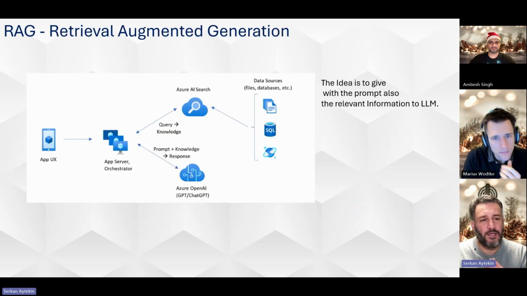In a high-level summary, a user starts a question or a prompt, and somewhere you have an orchestrator, and the orchestrator sends the query to the Azure Search. Azure Search looks in the index, gets the relevant information and mixes that with the prompt, and after that, that enhanced prompt will be sent to the Azure OpenAI, and we get our response.